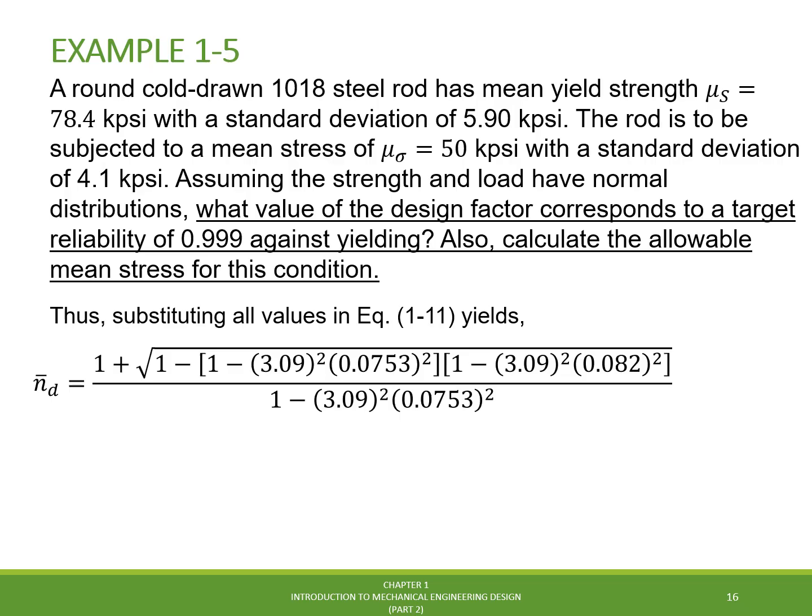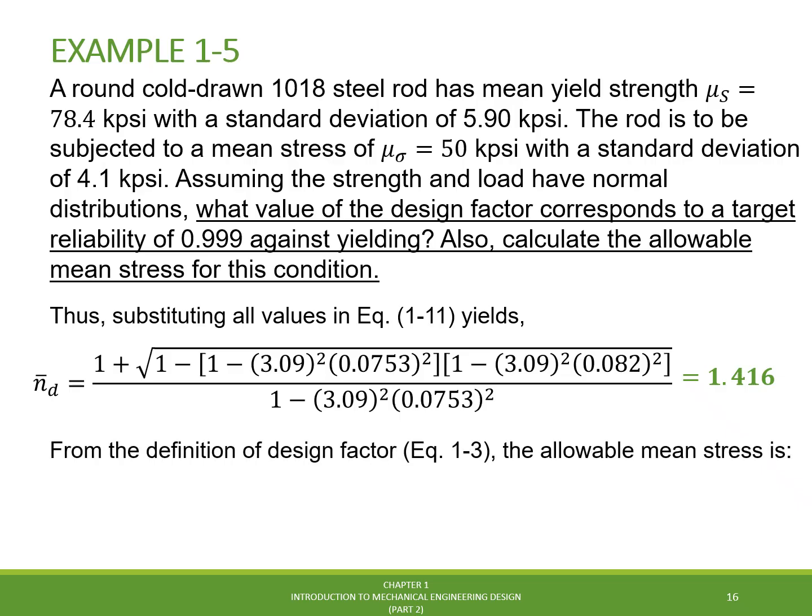Then plugging in all the values, the two coefficients of variation and the z value, we do the math, and in the end, we're going to get that the reliability design factor, or the design factor calculated from the reliability analysis, is going to be 1.416. In order to answer the second question, we need to use equation 13 that you can check back on the slides for part 1.